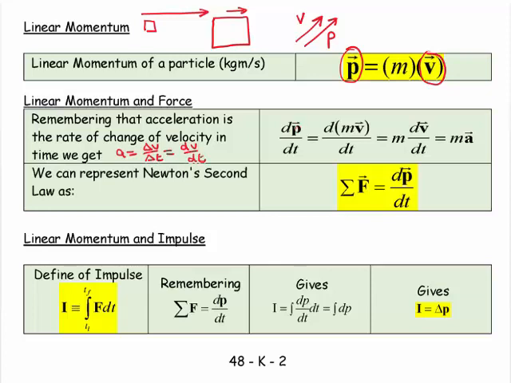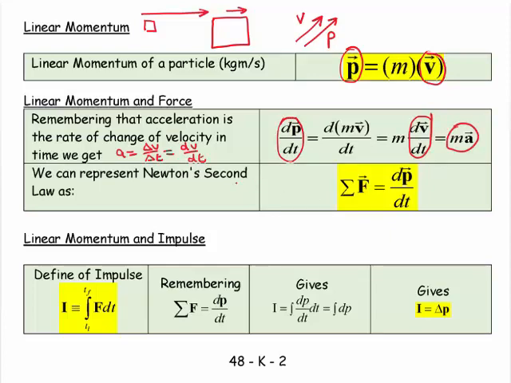And so if I say, well, I have this thing called momentum, so dP by dt must equal d by dt of mv, and mass is a constant, so that can come out. So I have m dv by dt, and I recognize that that's acceleration, so I get ma.